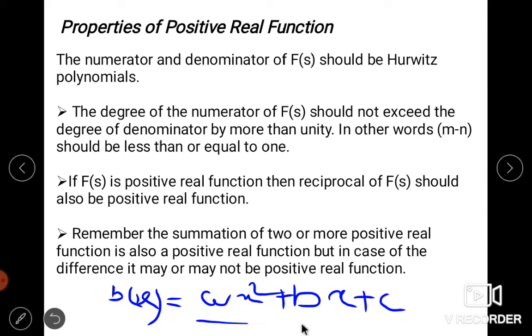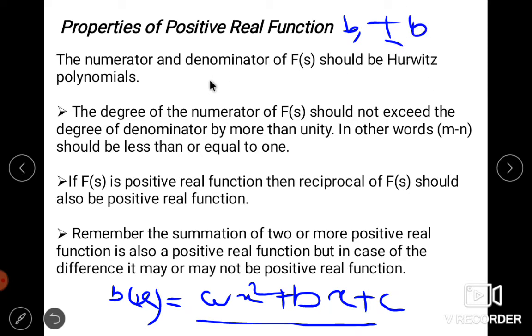The coefficients of the quadratic polynomial are real and positive, which means its roots are real and one root is negative, plus minus b.